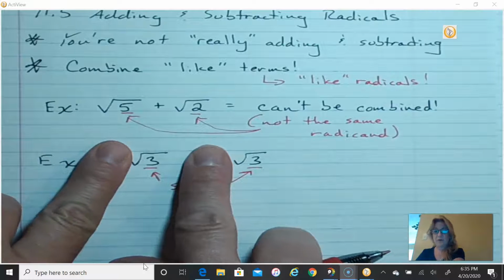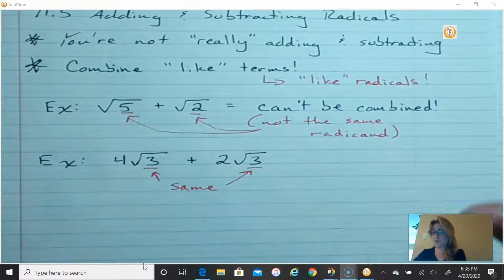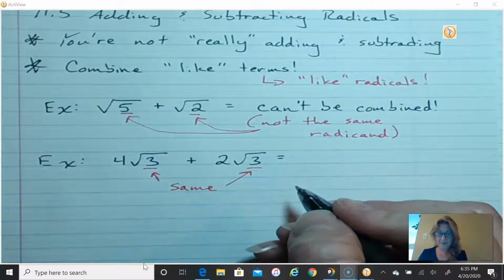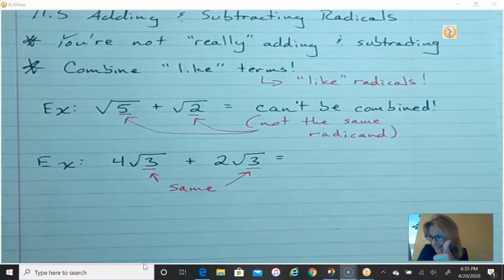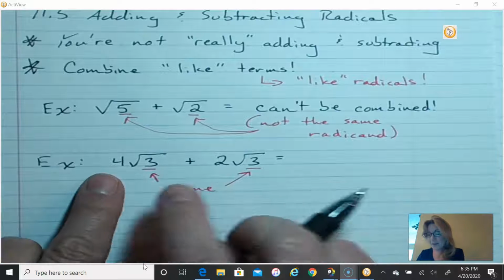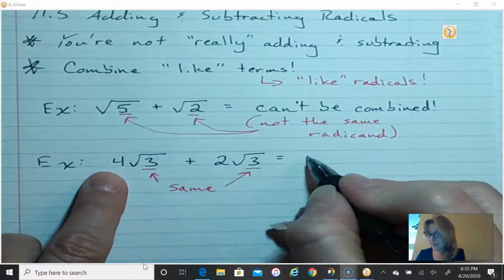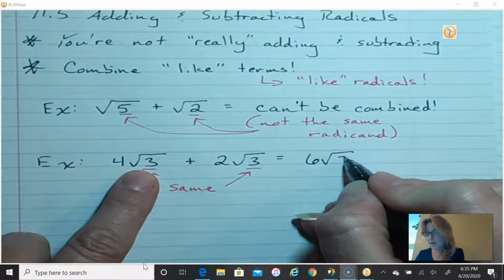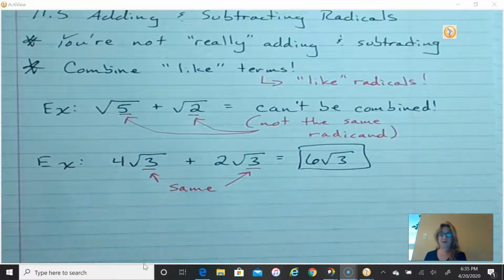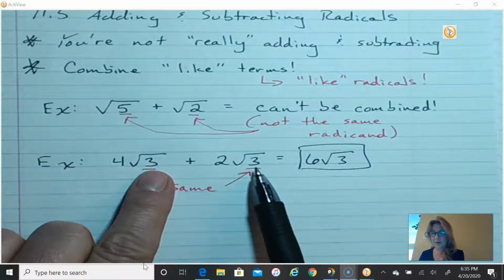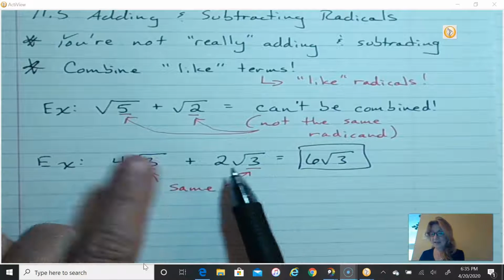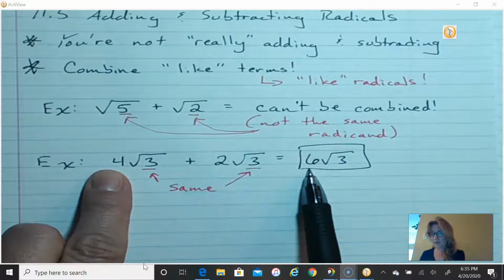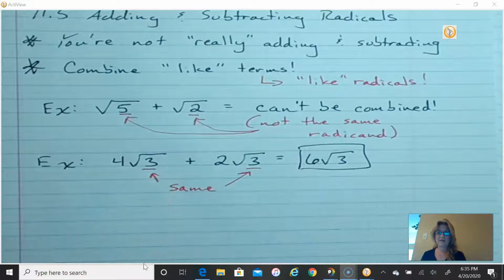So if I cover up the 2 and the 4, notice those are the same radicand, so we can combine those. What's 4 plus 2? 6. And the square root of 3, we don't do anything with. We just bring it over. Okay, see, that's not bad. So if they have the same radicand, then you just add the number on the outside, which is what we did, and then bring over the square root. That's the same. That's it.